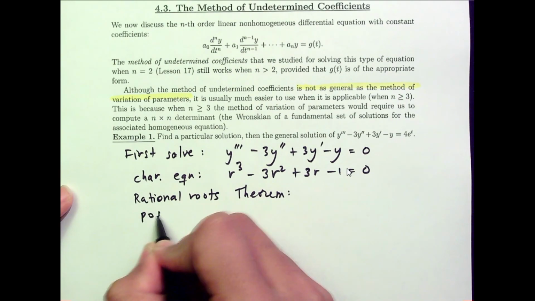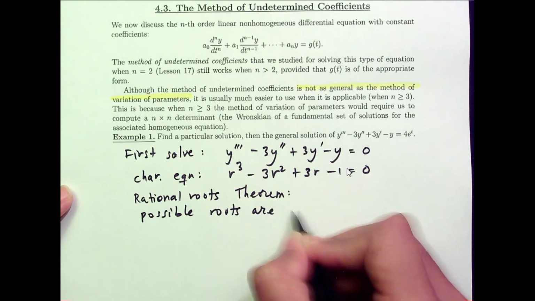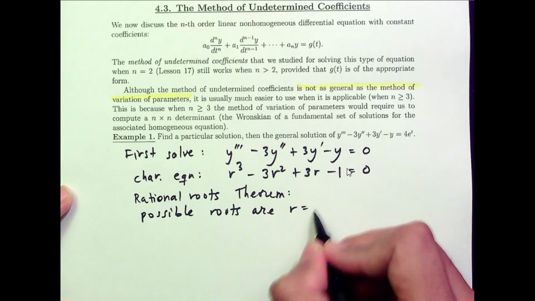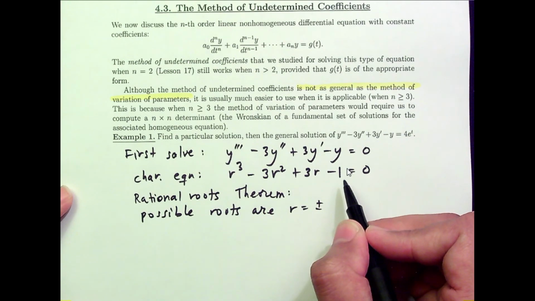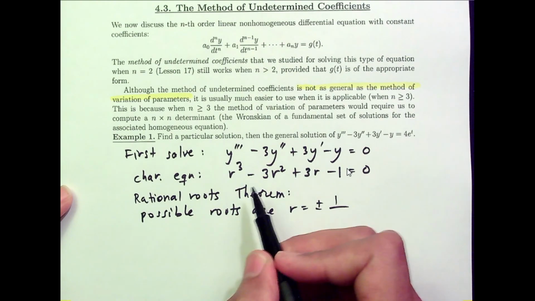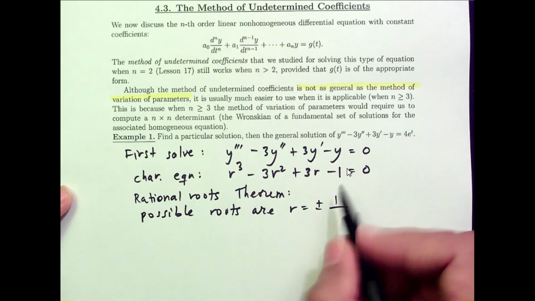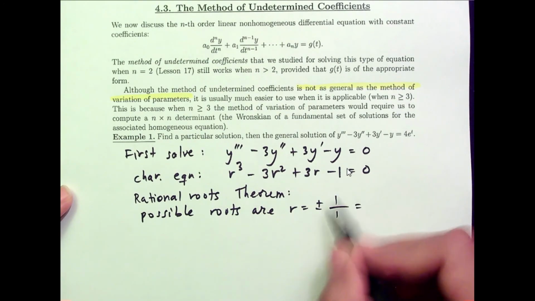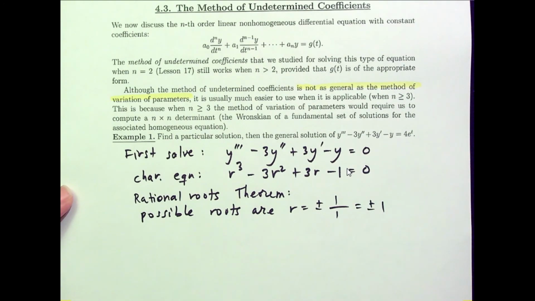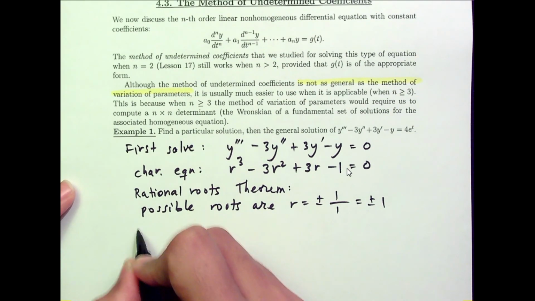The possible roots are, remember, plus or minus divisors of the last number, the constant, which is 1, over divisors of the leading coefficient, which is also 1. There's only one combination, so the only possibilities are 1 and negative 1. Let's start by trying 1.